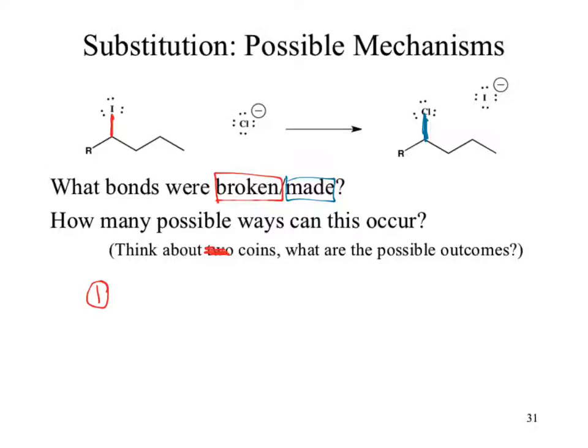So if we go through and take a look at our two options, we could have gone through and broken first, then we could have formed. Or we had the magical result where they both happened at the same time.